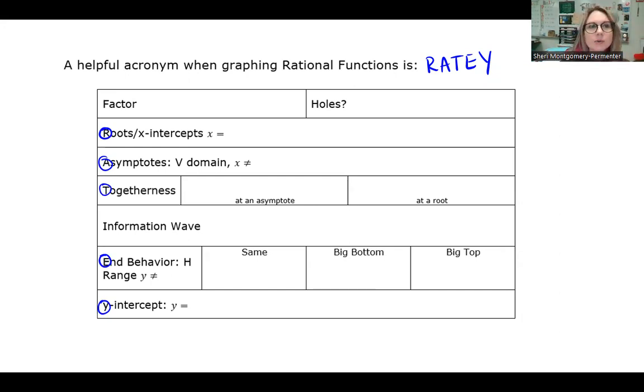Before you can get started, you have to make sure that you factor everything, the top and the bottom. Once you are factored, sometimes things cancel out or they simplify.